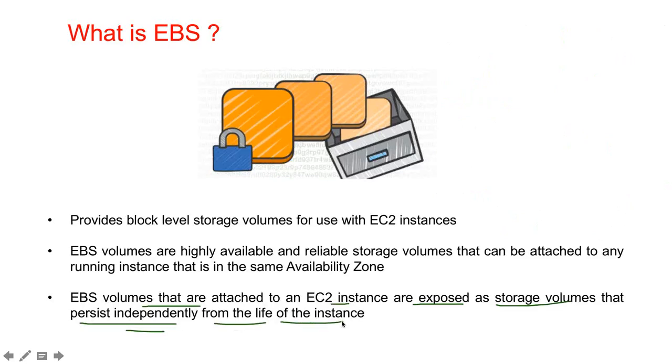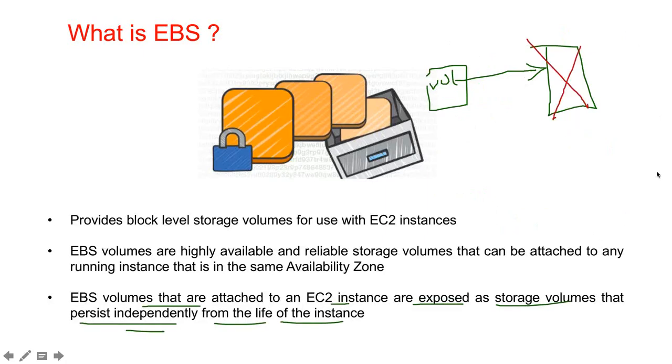So the life of your volume is completely independent from the life of an instance, which means that if this is your volume and you have attached it to an instance, because they are running on separate pieces of hardware, even if your instance terminates or goes down, you can still retain the volume and attach it to any one of the instances running in the same availability zone.